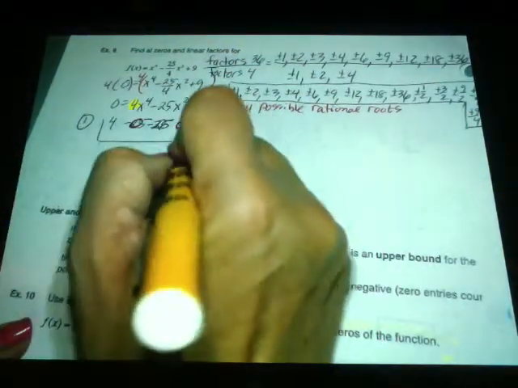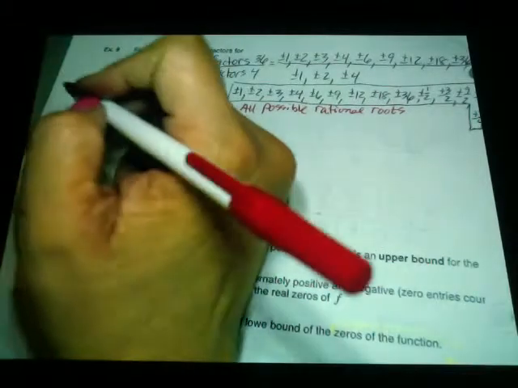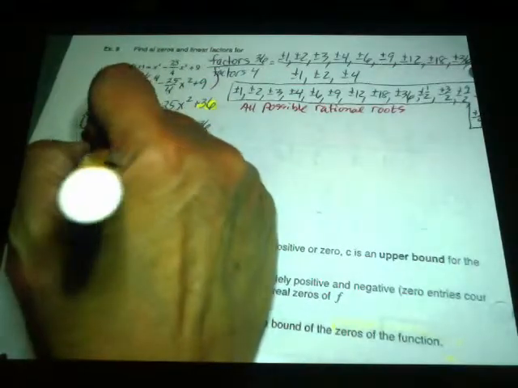Draw your L, vertical line in your shelf. This is 25, don't forget. All right, so what do you want to try first? 1? Right, I would always try 1. So bring down the 4, start multiplying.